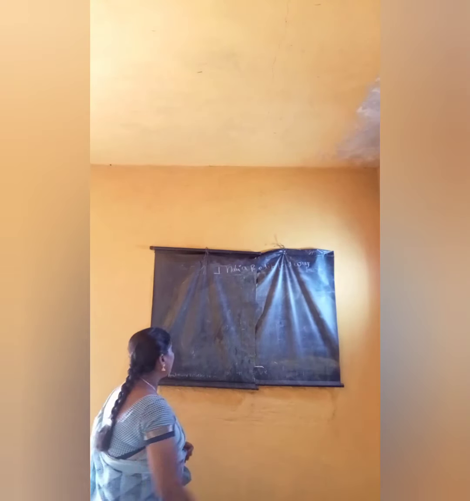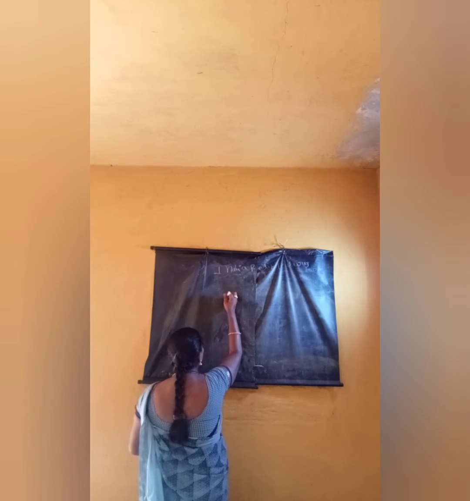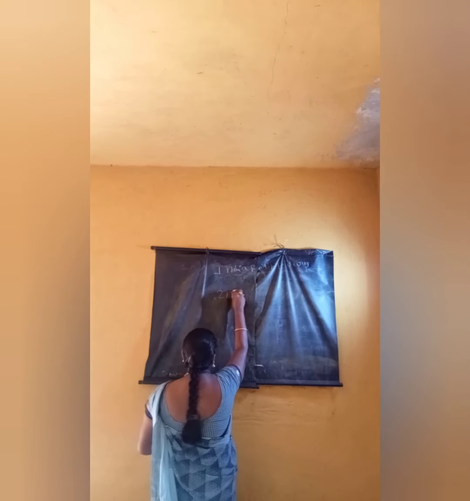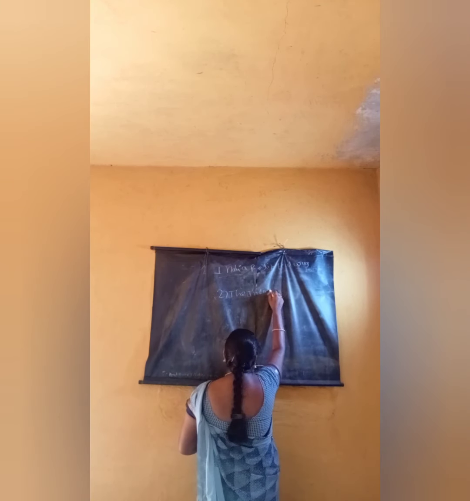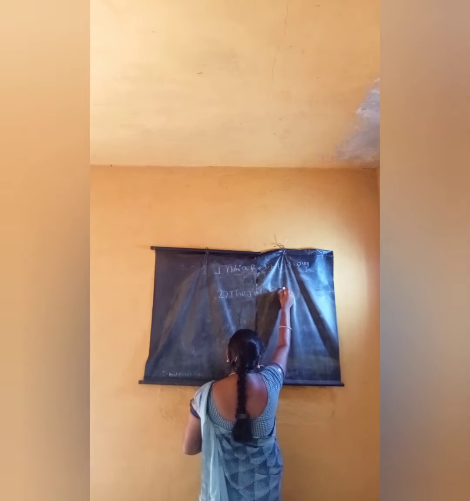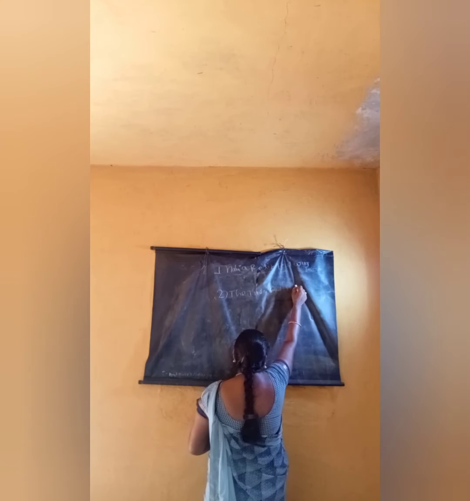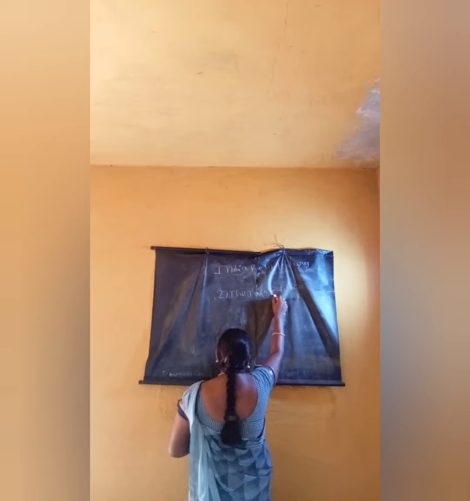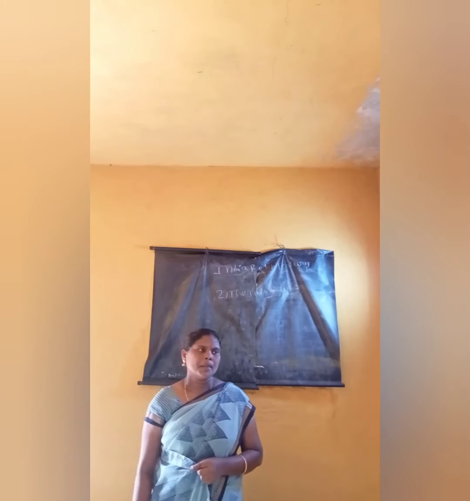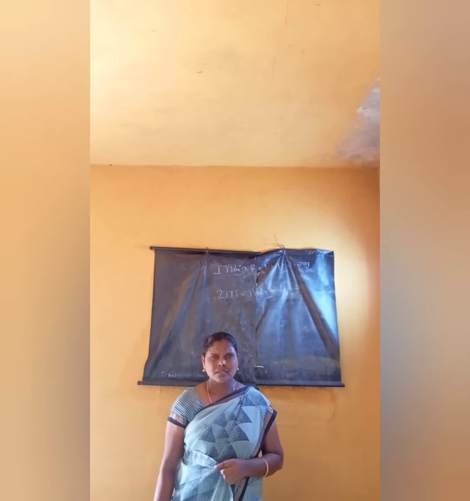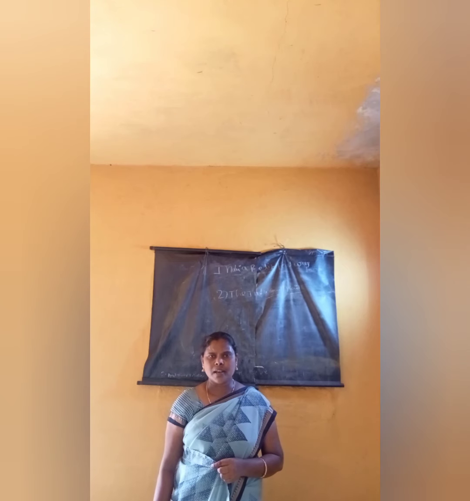Next, the Indo-Gangetic Plain. What is the meaning of plain? Plains are level lands with a flat surface which have a maximum height of 200 meters above sea level.